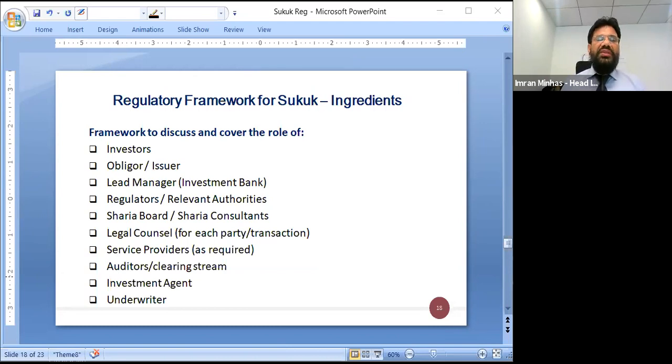it may be in the form of regulation, it may be in the form of rules, it may be in the form of guidelines, or it may be in the form of practice notes.